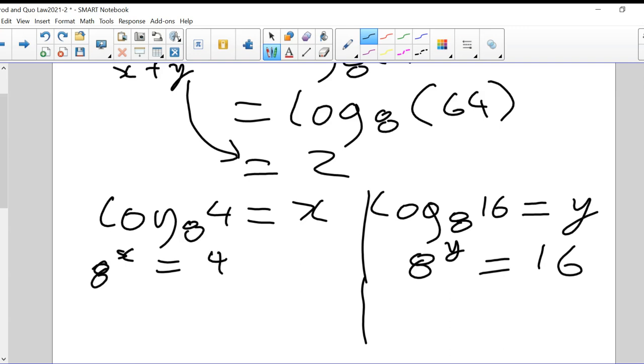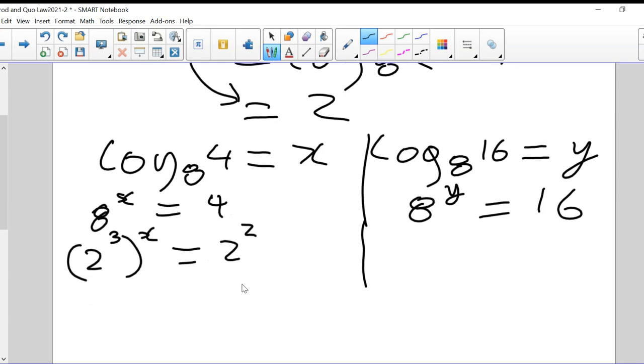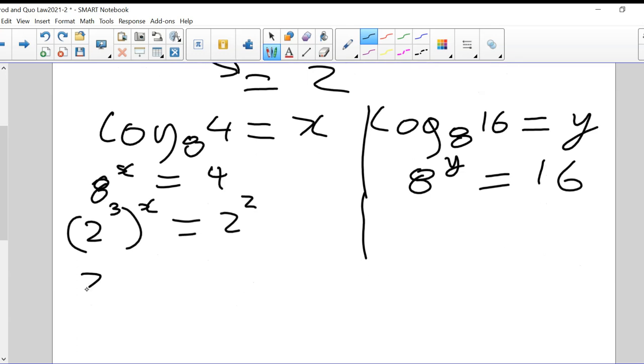I can't have Jeremy and just a few other people taking the load here. All right, so 2 to the power of 3, good. So 2 to the power of 3 to the power of x, so the x is still there. And of course, 4 is 2 to the power of 2. Everybody knows that. So I'm going to say this is 2 to the power of 3x is equal to 2 to the power of 2.